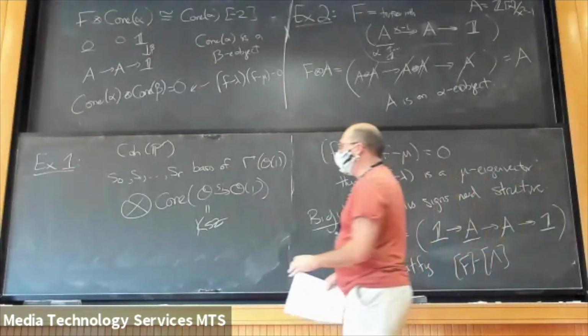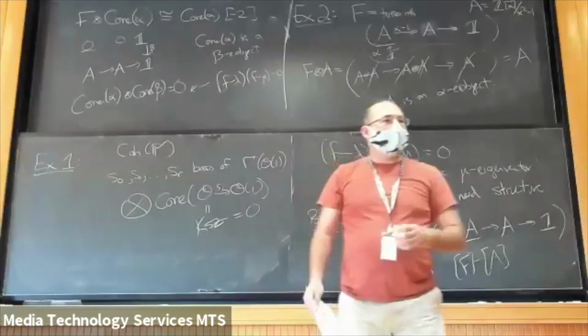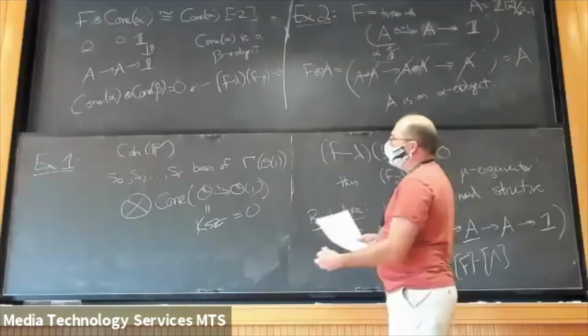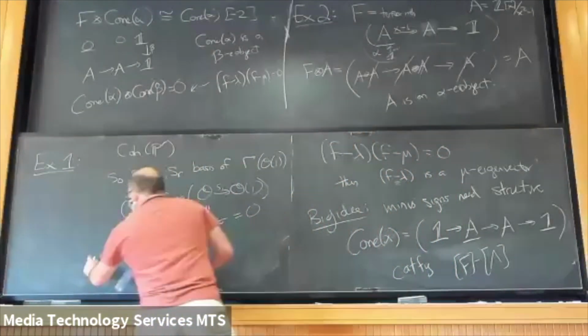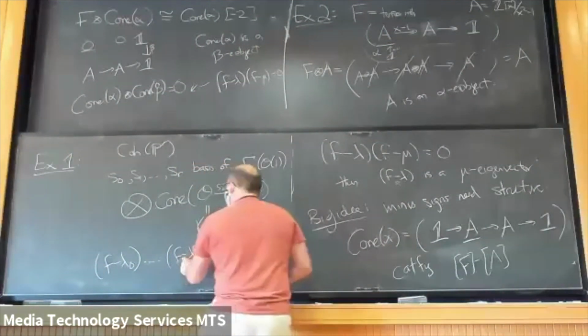And in projective space, that's the empty set. So this is actually the 0 sheaf. And this is supposed to be, you're thinking of it as categorifying (f minus lambda 0) through (f minus lambda r).